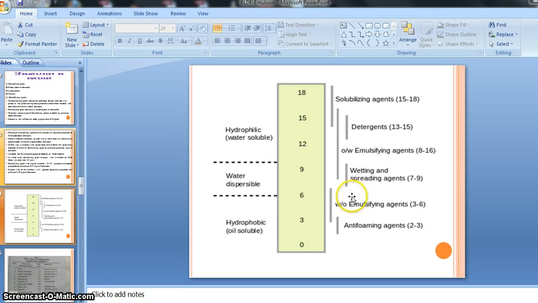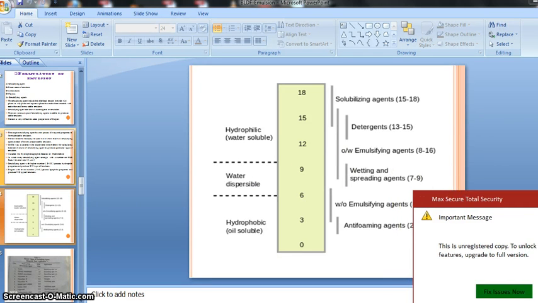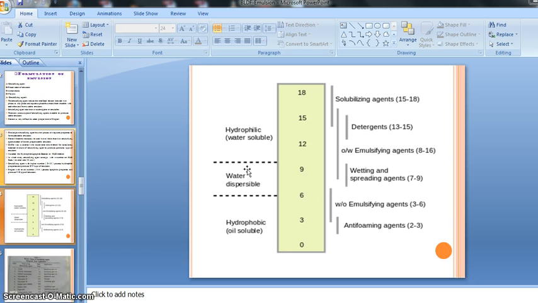Some portion of the WO and OW kinds of emulsifying agents, and wetting and spreading agents, are water dispersible, meaning these substances are not soluble in water, they only distribute or disperse throughout the water, right?